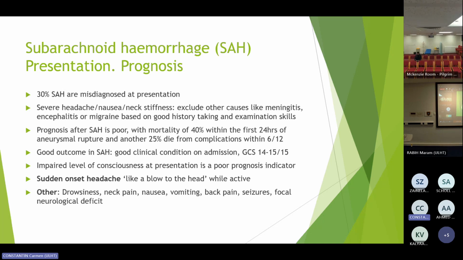Another 25% will die with complications within 6 months. Subarachnoid hemorrhage patients could turn for the worse in the first 30 days after the bleed happens.